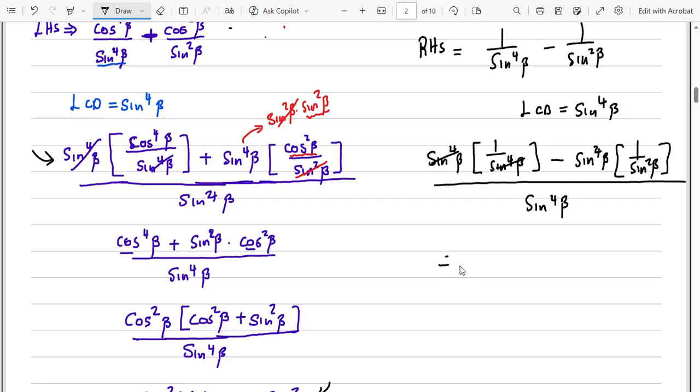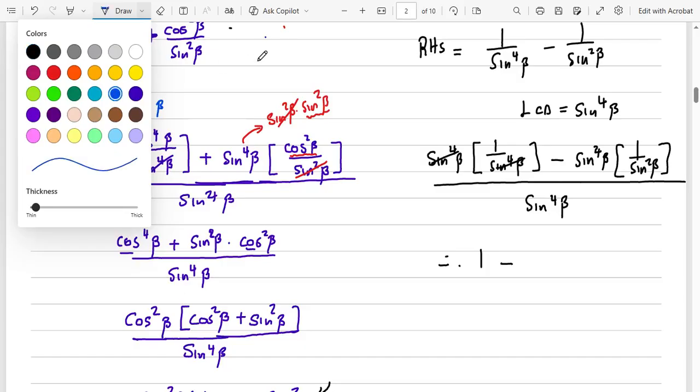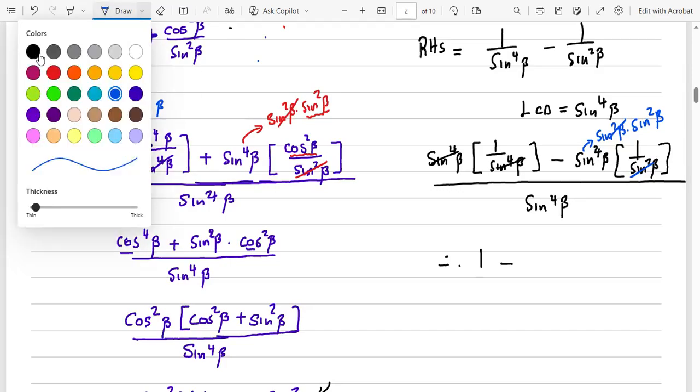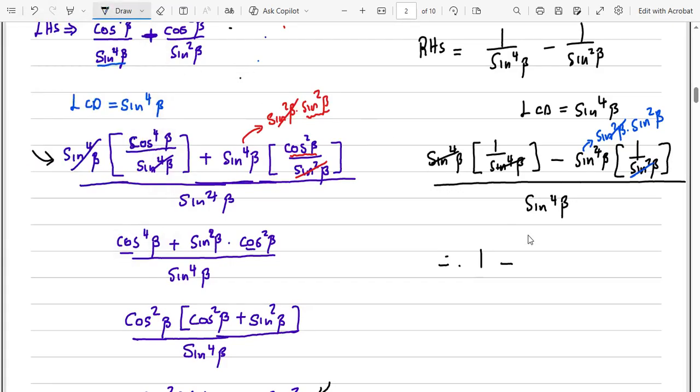Therefore, I'm left with 1 minus. And you still remember that we can write this as sine squared beta times sine squared beta, so that 1 can cancel that. Then we're left with 1 times sine squared beta, which is just sine squared beta. So I'm just going to write this down. It's 1 minus sine squared beta over sine to the power 4 beta.